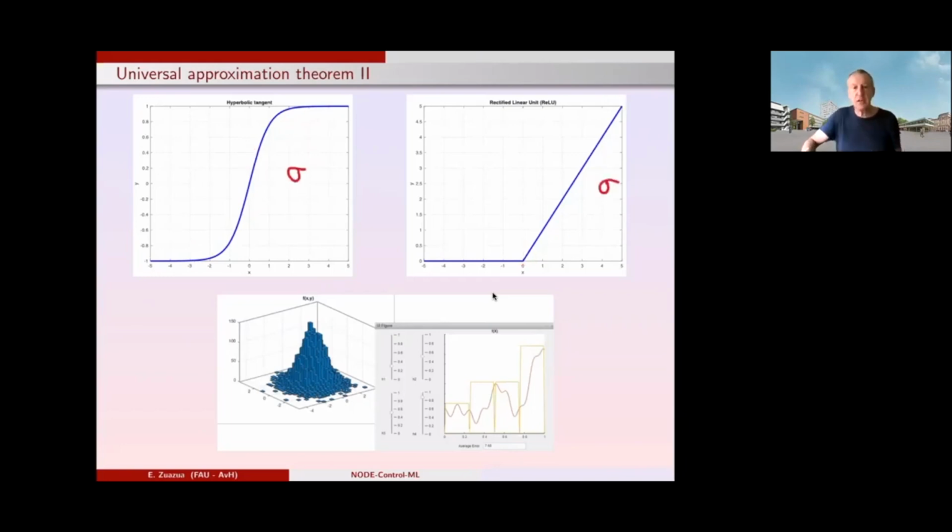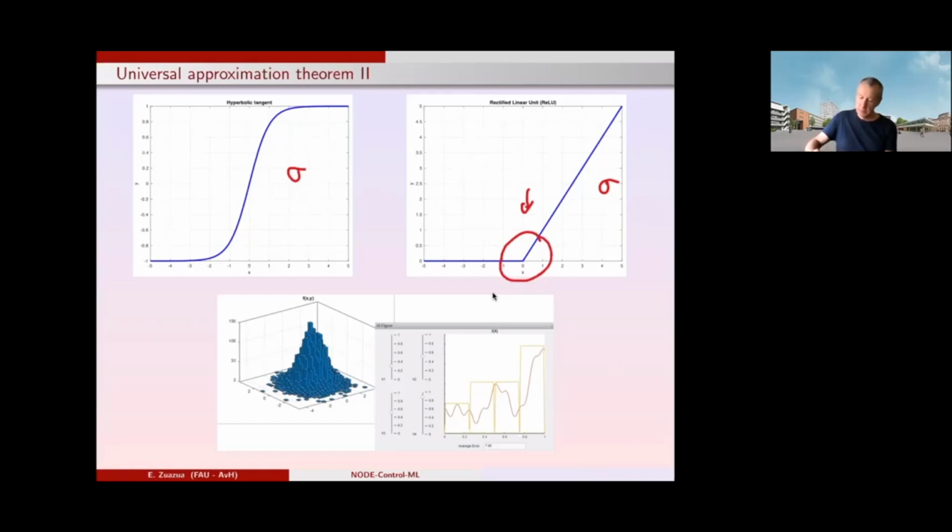Which are not very typical in the context of mechanical systems, where we encounter rather polynomials, trigonometric functions, and so on, right? And we will fix our attention in particular to this sigmoid function, which is globally Lipschitz, but is not smooth.